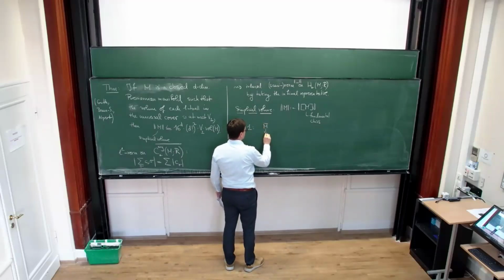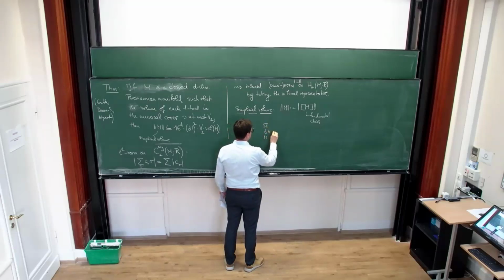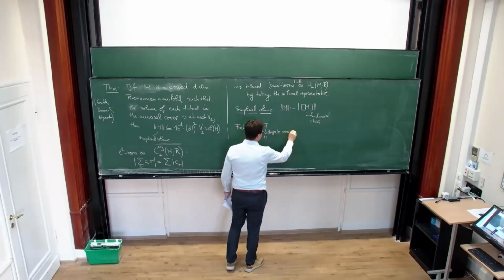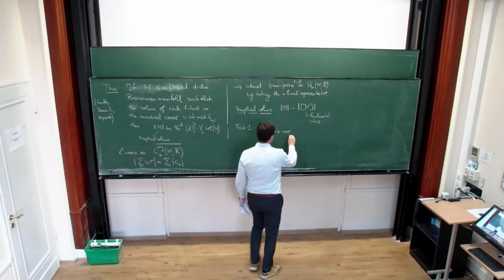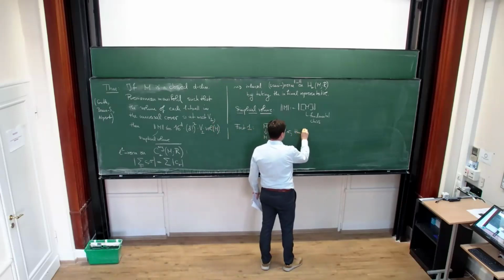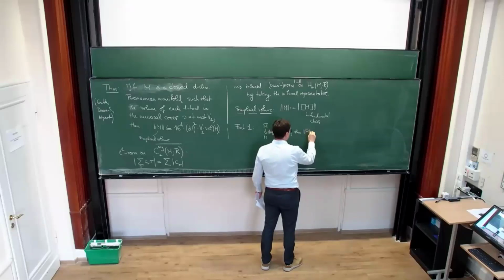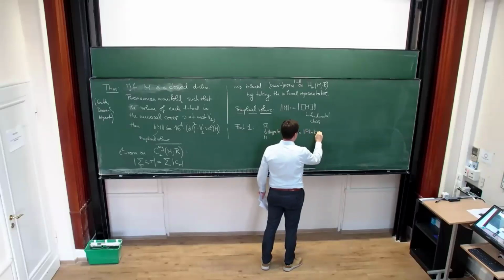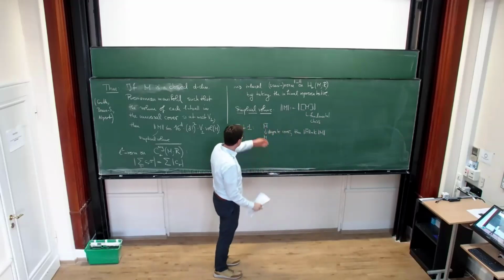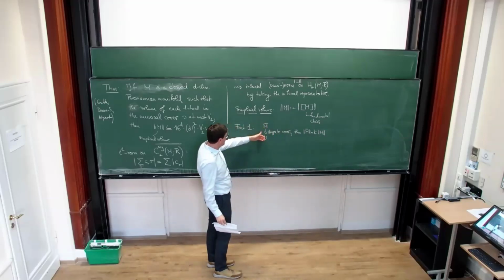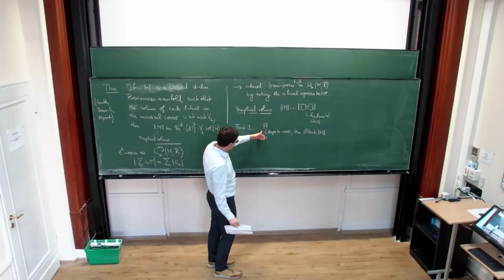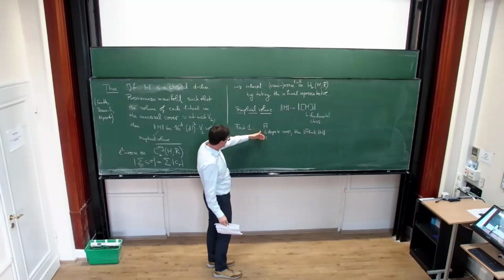So if you have, let's say, a degree k finite cover, then the simplicial volume of this cover is k times the one of M, which is easy to see because if you map the fundamental class to this space, you get k times the fundamental class.